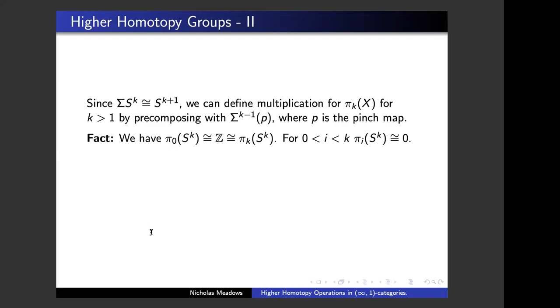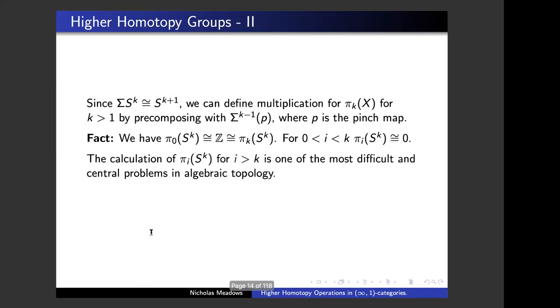For i between 0 and k, pi i of S^k is always isomorphic to 0. One simple case that you can use to visualize this is to imagine a loop on a two-sphere. Any loop on a two-sphere can just be contracted to a point. The calculation of pi i of S^k, though, for i greater than k is one of the most difficult and central problems of algebraic topology.